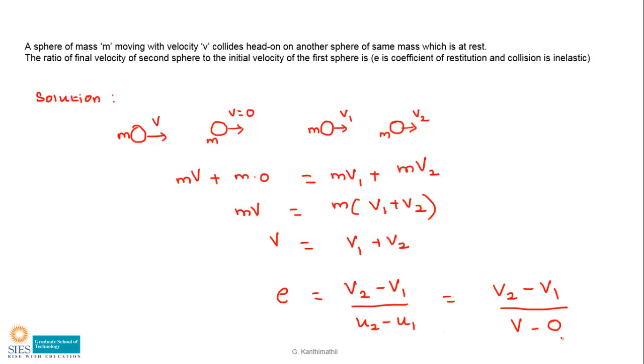So e equals (v2 minus v1) upon v, and we can write this as ev equals v2 minus v1.